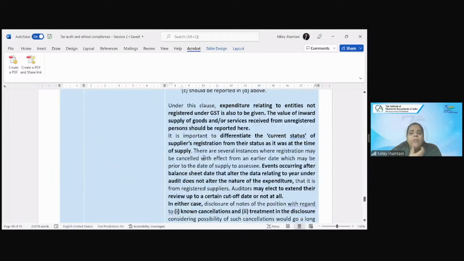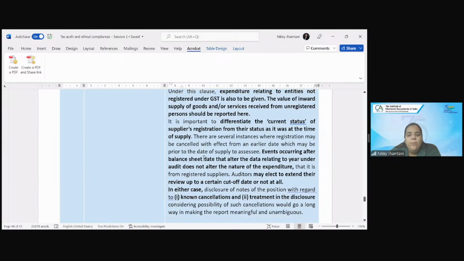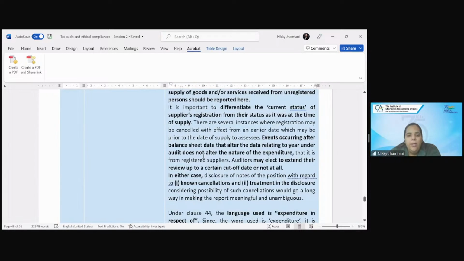So, under this clause, the expenditure relating to entities not registered under GST is also to be given. The value of inward supply of goods and or services received from unregistered persons should be reported here. It is important to differentiate the current status of supplier registration from their status as was at the time of the supply.